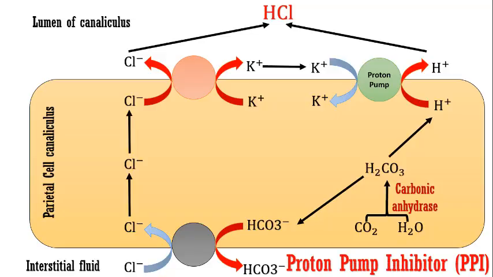We are talking about the proton pump inhibitor. The proton pump inhibitor, when it goes into the parietal cell, goes to the proton pump and binds irreversibly, so inhibiting the last process of the hydrochloric acid secretion.